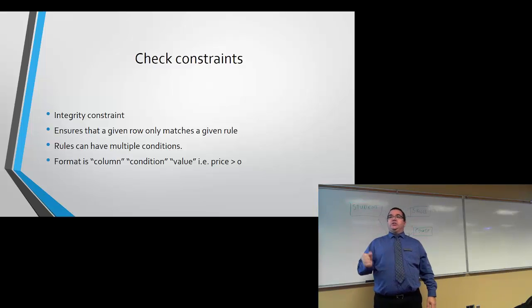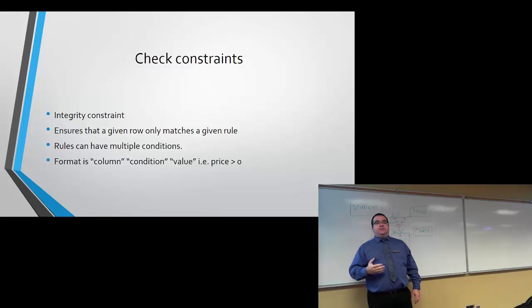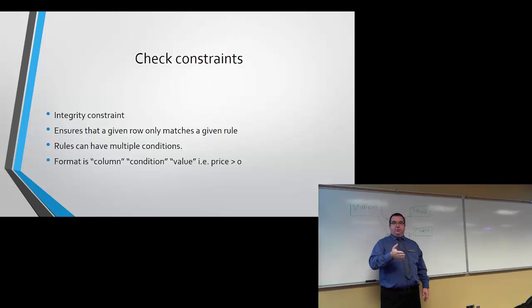We can have multiple conditions. And normally the format, and I keep it pretty simple in this example, is the column / attribute / field, right? There's 3 words that mean the same thing. There's a condition, and then a value.